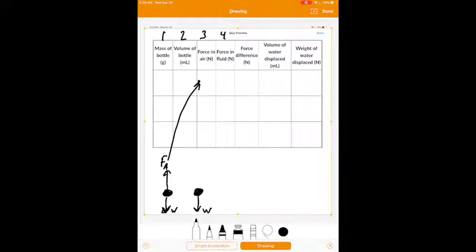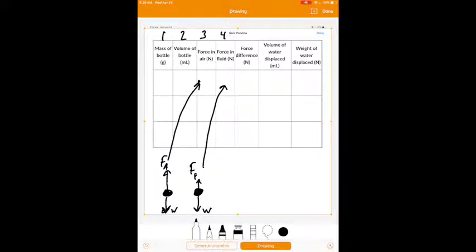And what you should notice is that your force sensor is still going to be reading something, but most likely its reading is going to be smaller. So I'm going to draw it. This is going to be force in fluid. That's your force sensor reading after you have immersed your bottle. Again, it could be completely submerged.